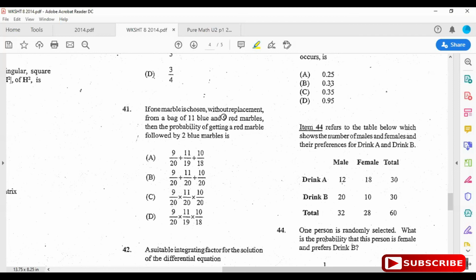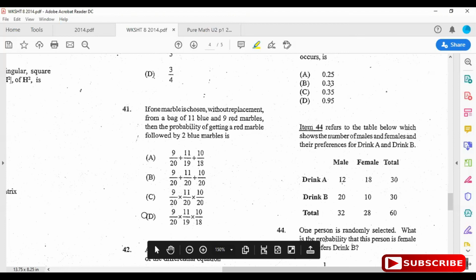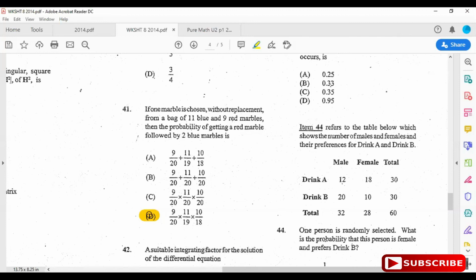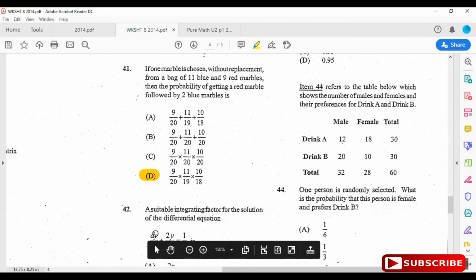Multiplied by, after we take out a red marble, we have 19 in the bag. And so then we're multiplying by 11/19. So that has to be D. That's the only option that has 9/20 times 11/19. So without going further, we don't need to check anything more. That's D. Easy question.